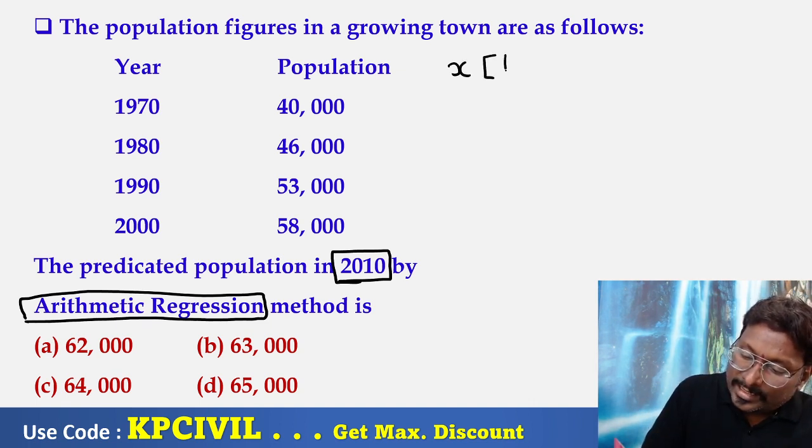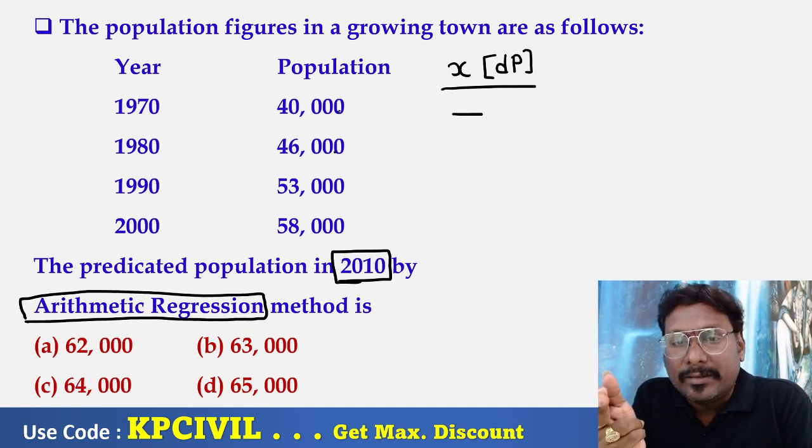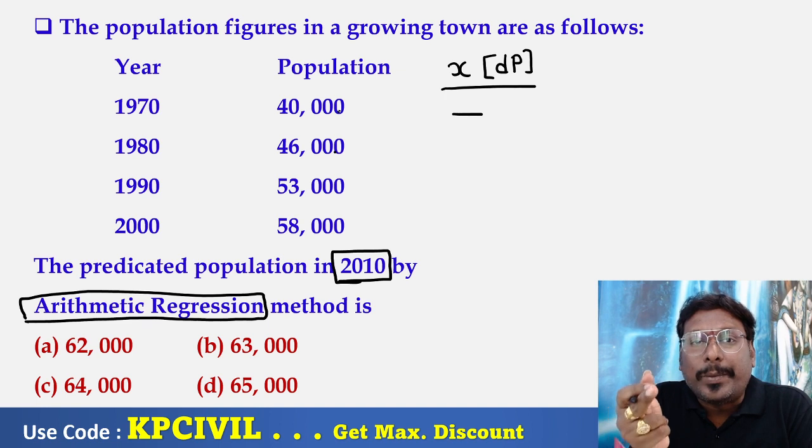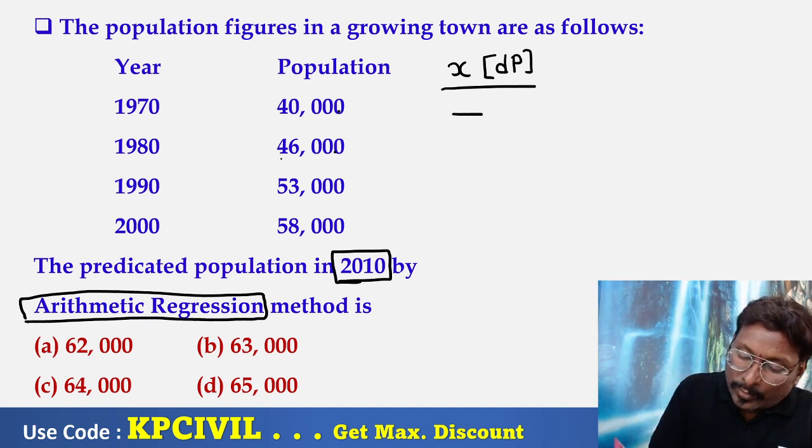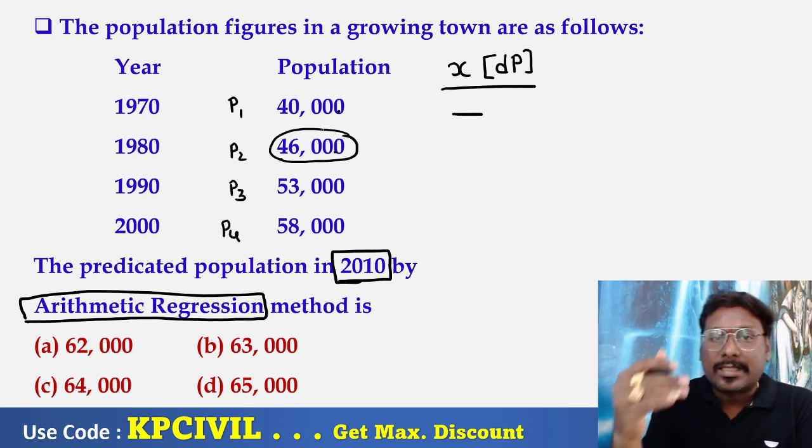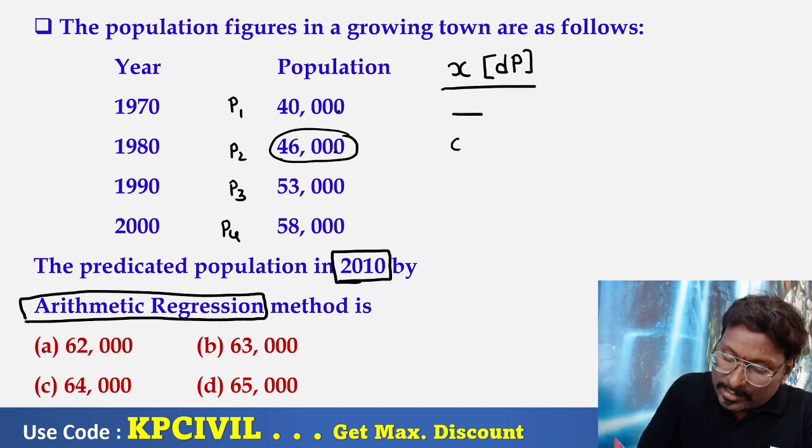First calculate x. x is the change in population, dp, which is p2 minus p1. Put p1, p2, p3, p4. p2 is 46, p1 is 40, so 6,000.